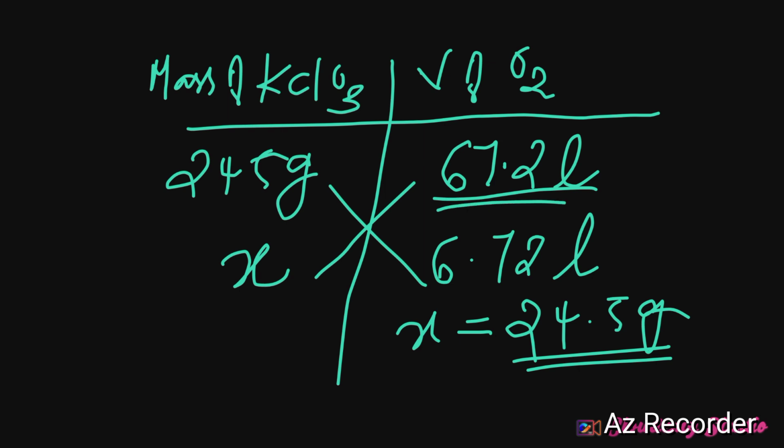So now we need to calculate the mass of KClO3 which will produce 6.72 liters of oxygen. Just cross multiplying, we get x equal to 24.5 grams. That is, 24.5 grams of KClO3 is required to produce 6.72 liters of oxygen at STP. I hope it's clear now.